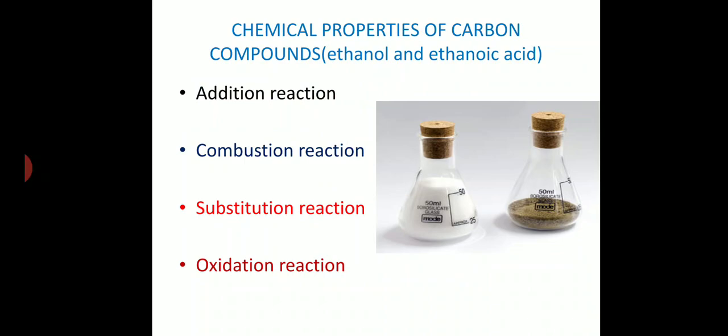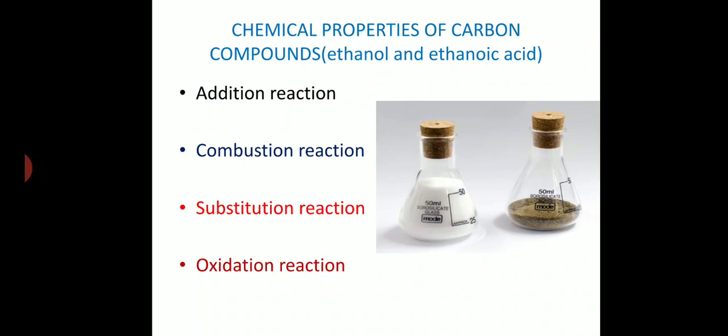So what are the major organic reactions? Number one, addition reaction. It is the characteristic property of double bond or triple bond compounds. Example, vegetable oil is an unsaturated compound. When hydrogenated with hydrogen in the presence of nickel catalyst, we get vanaspati, that is artificial ghee or dalda.